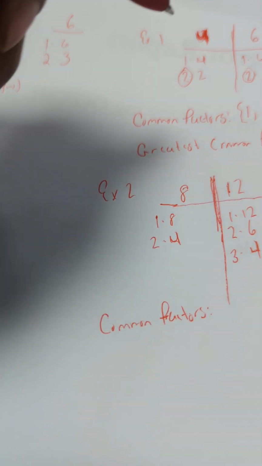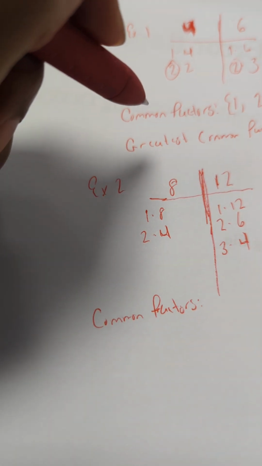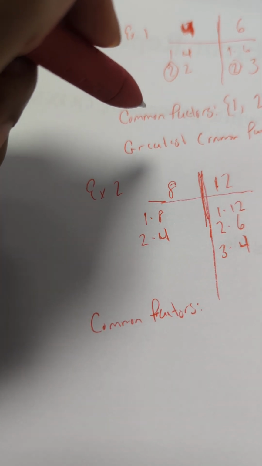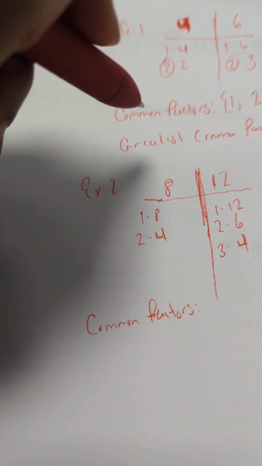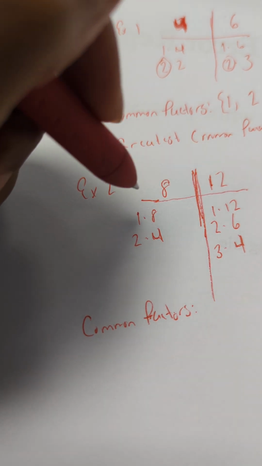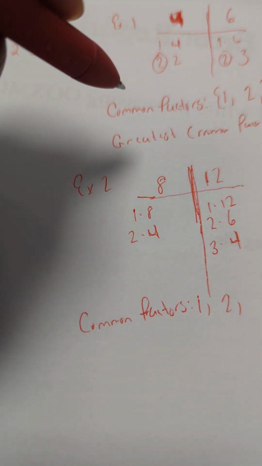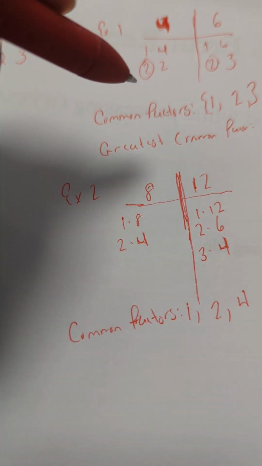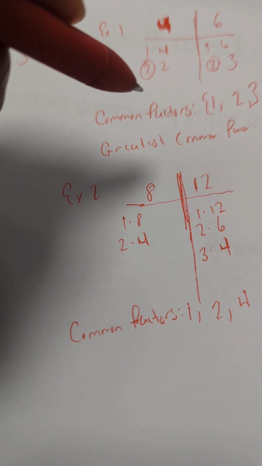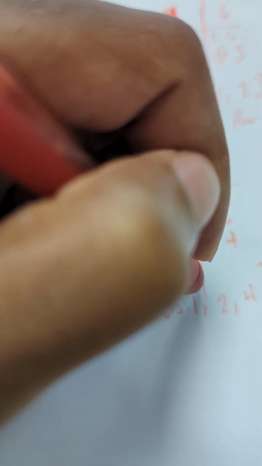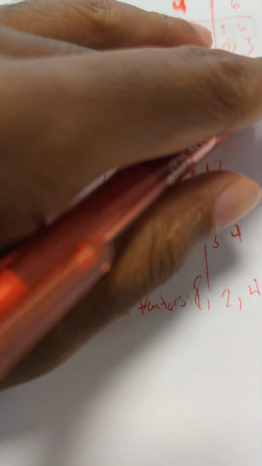factors of 8 and 12? So we have 1, 2, and 4.